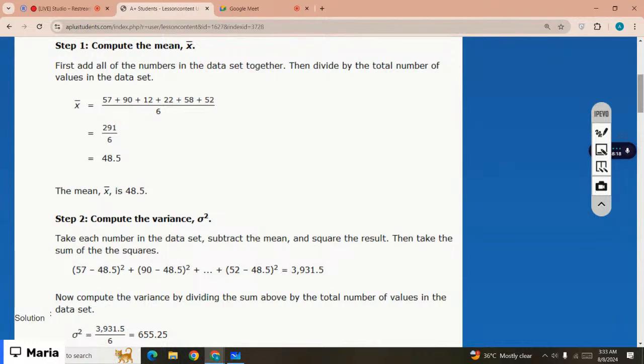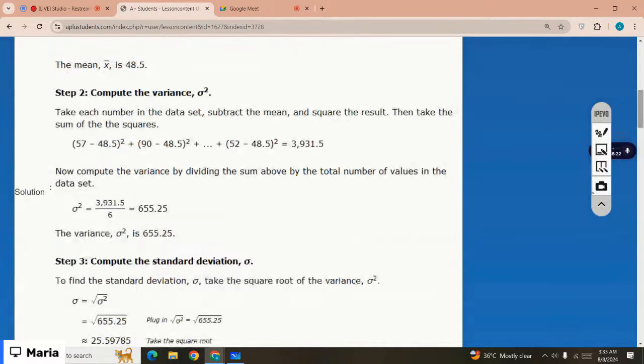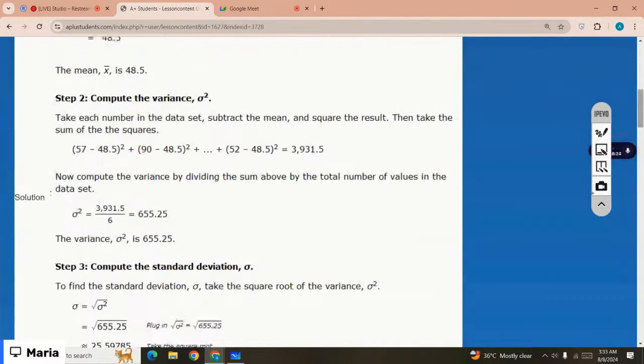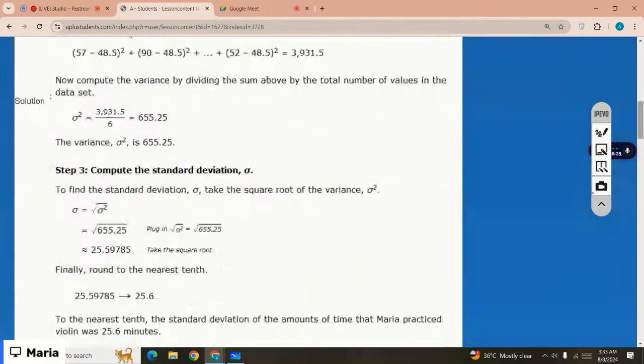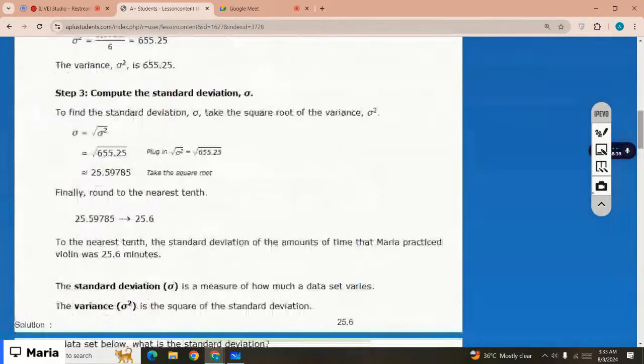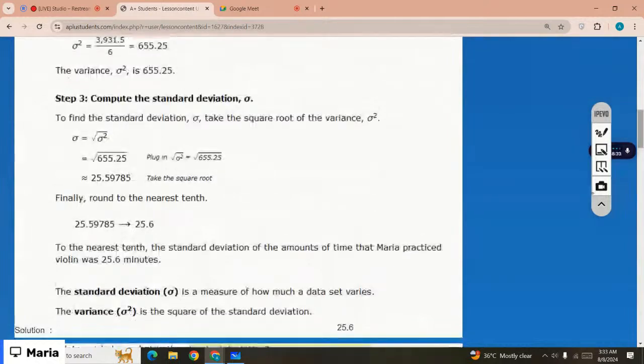You need to add them and divide them by the total number, right? And then you have to calculate the standard deviation. Standard deviation is a measure of how much a data set varies, and variance is the square of the standard deviation.